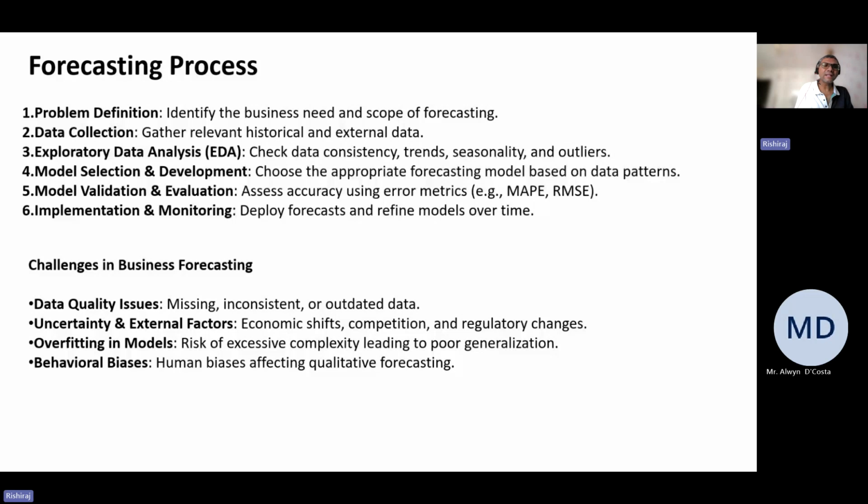And there are behavioral biases, human bias, affecting qualitative forecasting and quantitative forecasting. Both are possible. For example, there's something called confirmation bias. A group of researchers already believe that this is what is happening or this is what is going to happen, and they build a predictive model, use data, use complex algorithms, and then they predict.